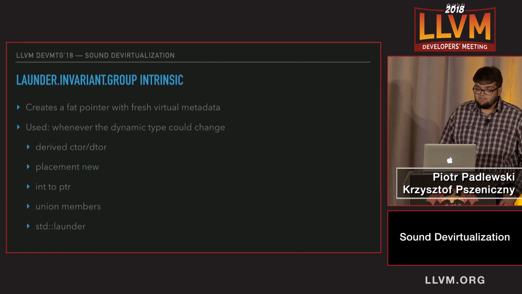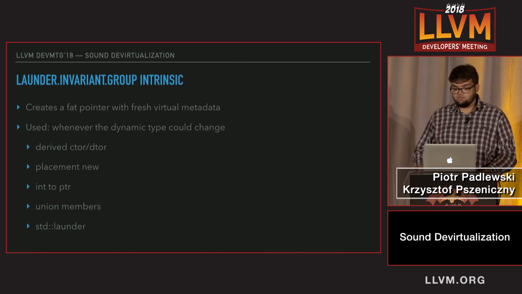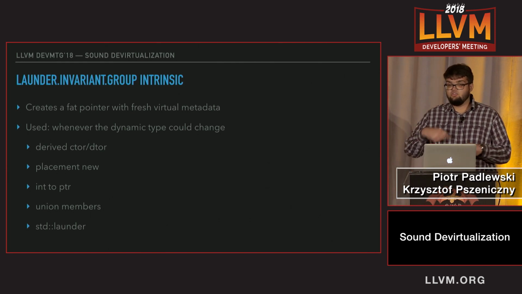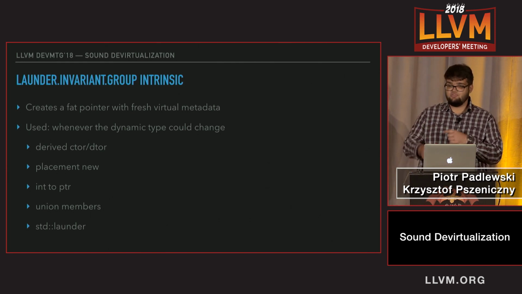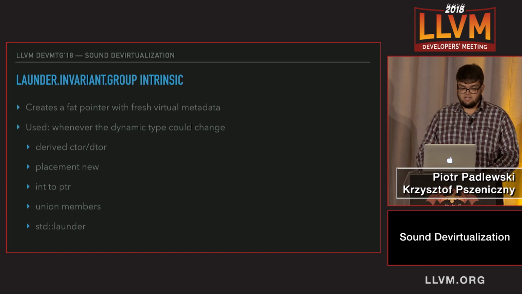And we use it whenever the dynamic type could change. So, for example, in derived constructors and destructors, when we do a placement new operation, when we convert into a pointer, when we access a union member, because we could use placement new on unions and still reuse the old pointer. And that's its namesake, launder.